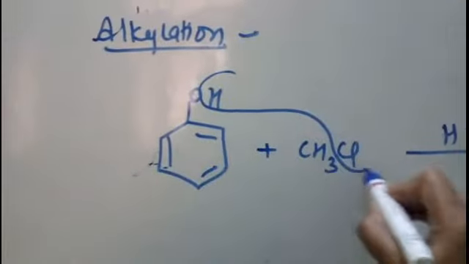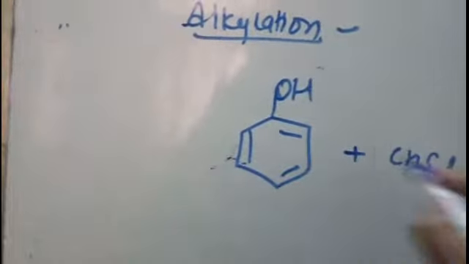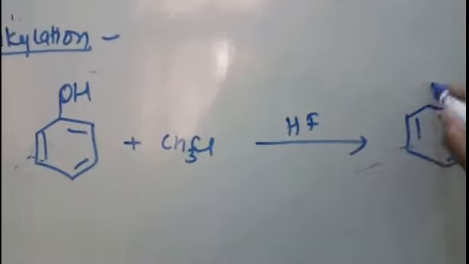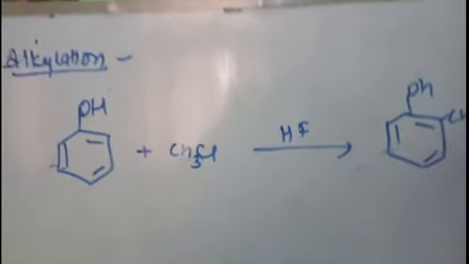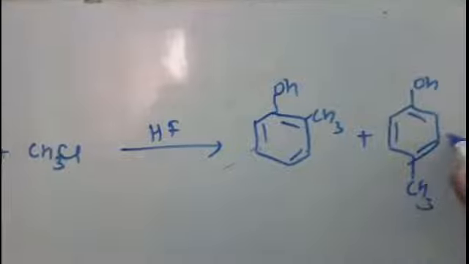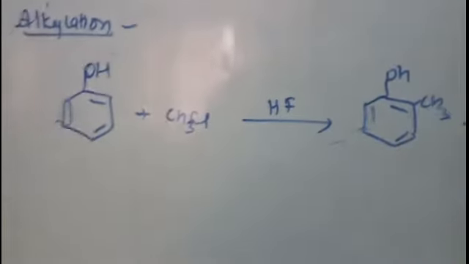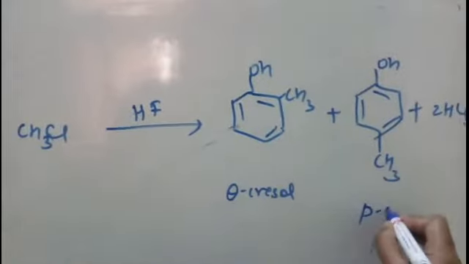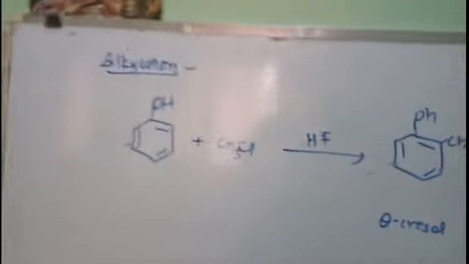The OH will remain, and from the ring H will be removed, so you will get ortho and para substituted products. This is known as orthocresol and this is known as paracresol. So orthocresol and paracresol are formed by the alkylation.